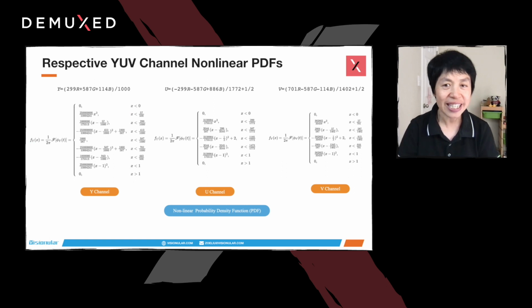And here, this is the equation behind the figures we just drew in the previous slides, and by deriving such nonlinear probability density functions, we propose a scheme to directly apply Pseudo HDR in the YUV domain without the YUV and RGB conversion.